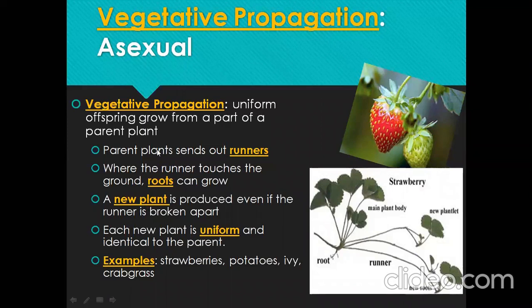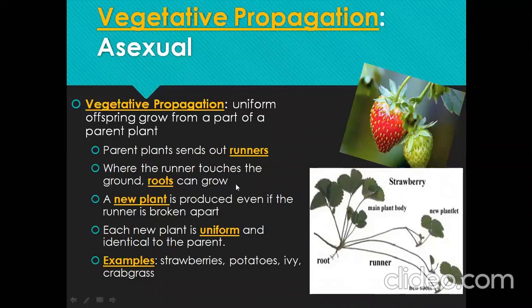Like how? We will take the example of strawberry, right? The parent plant sends out runners. This is a parent plant, right? The runners are the parts that are spreading from the parent plant, right?